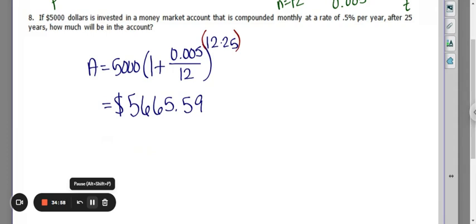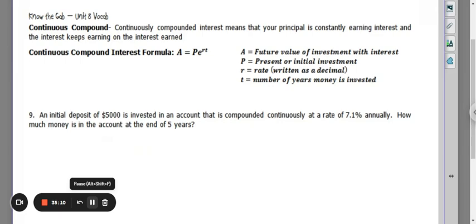All right, so the last part deals with continuously compounding interest, which is usually what banks are measuring your interest rate on. There are fewer pieces to these equations, which is nice. It works with base E and natural log. So you still have an initial deposit, $5,000, compounded continuously.